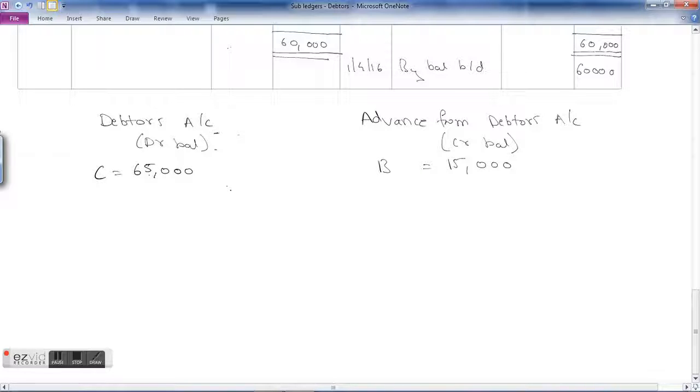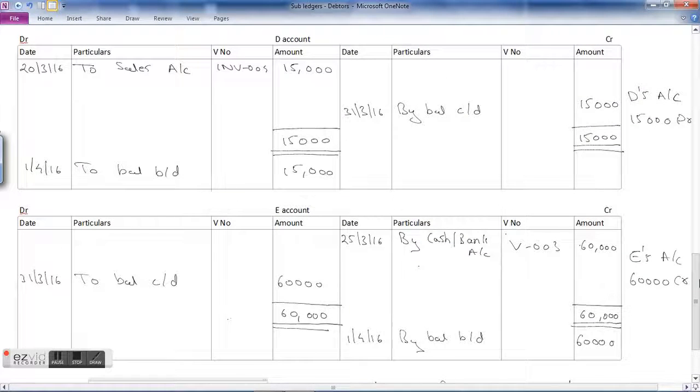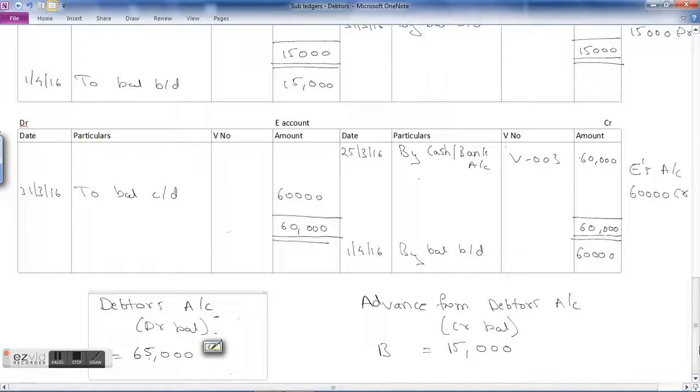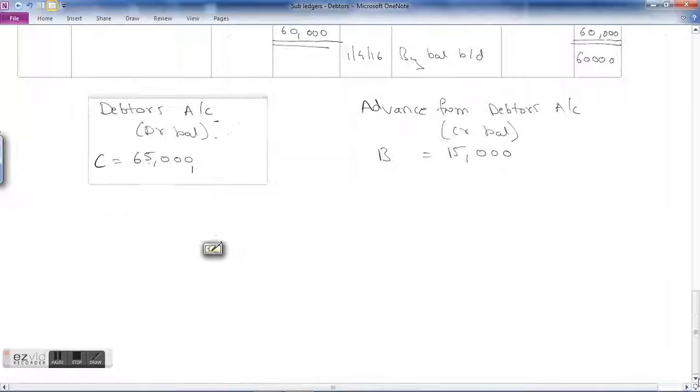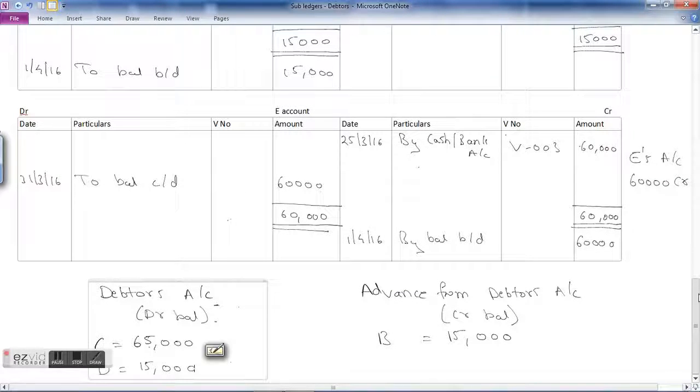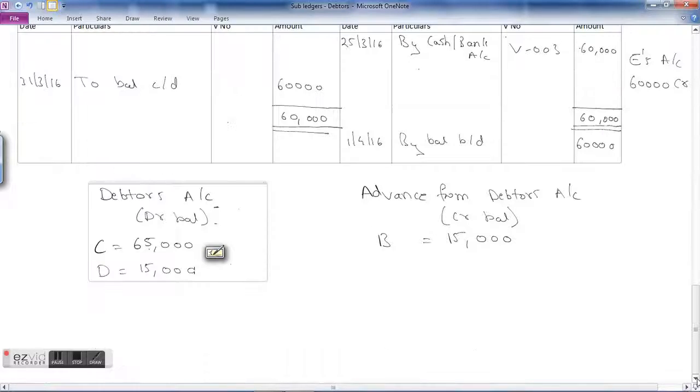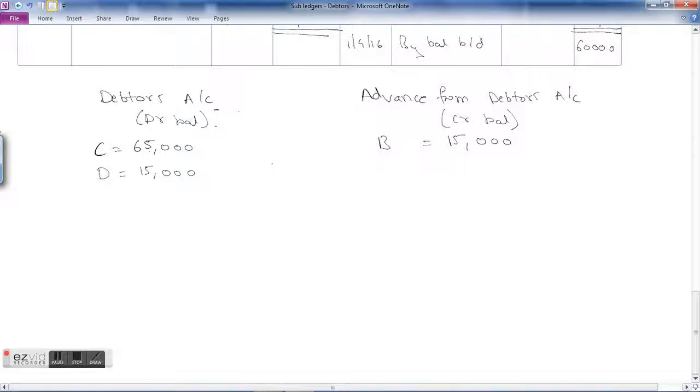Remember, here we always take the balance which is brought down. Okay, the balance brought down is on what side? That is a debit balance, correct? Then D's account is again showing a debit balance of 15,000. Next, E's account is showing a credit balance of 60,000.